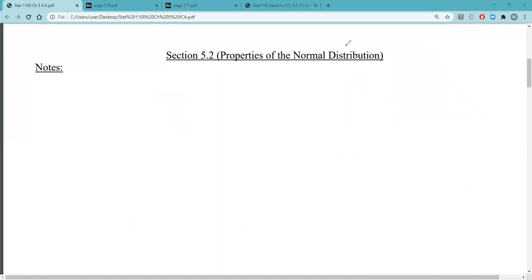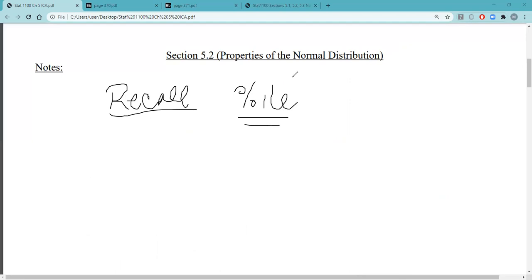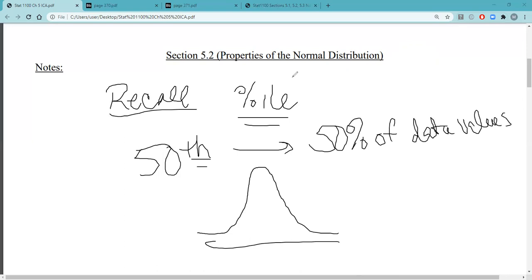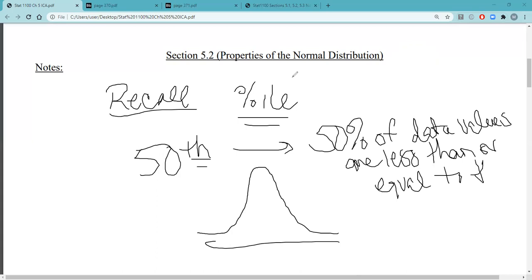Lastly, in this section, I just want to make a mention or a recall of what it means to be a percentile. So remember that if I have a 50th percentile, what that means is 50% of the data values are less than or equal to that value.